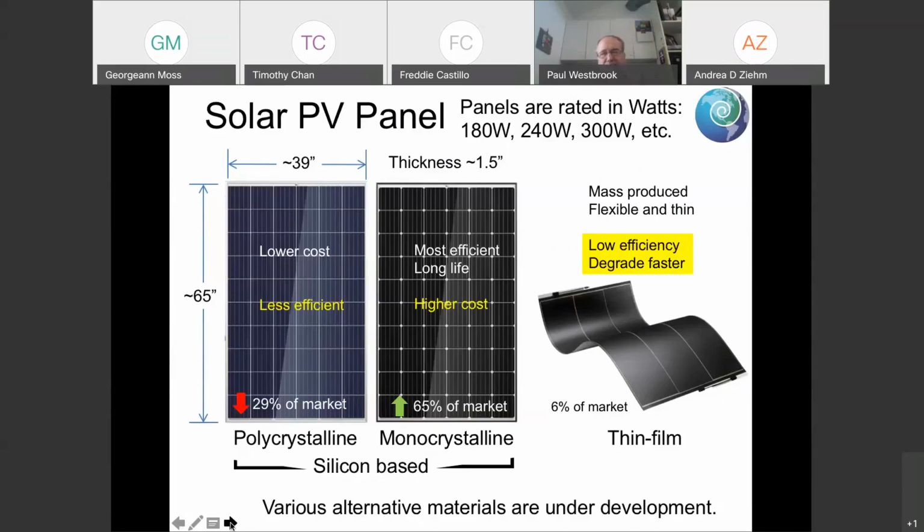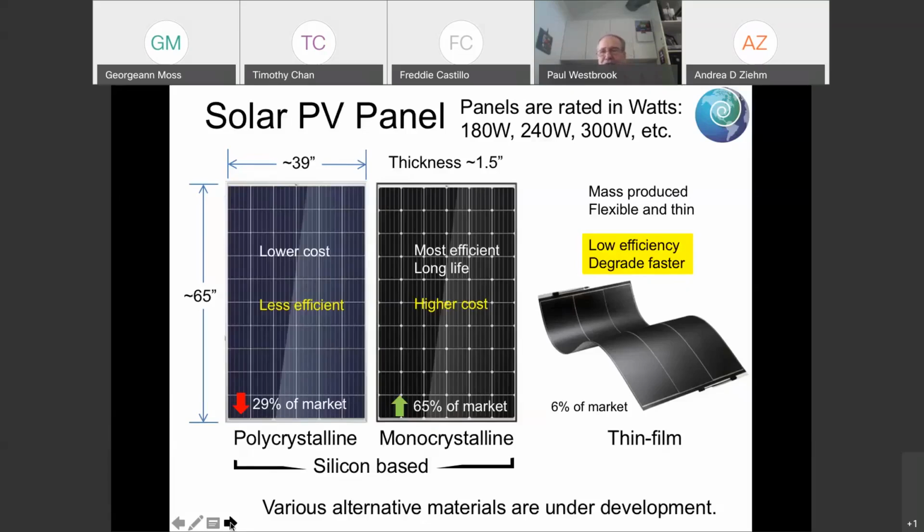It's about 29% of the market share right now, and it's falling because the one in the middle, a monocrystalline, has more efficiency, which has been improving quite rapidly, and has the longest life. It's higher cost initially, but that's often offset by the efficiency. You might need fewer panels, because each one is going to produce more energy. It's at 65% of the market share and actually growing.